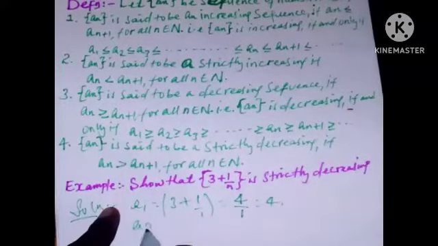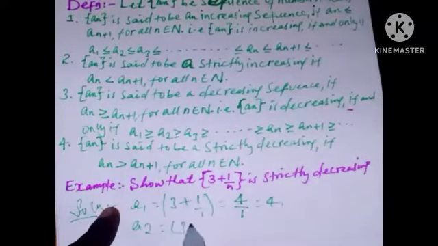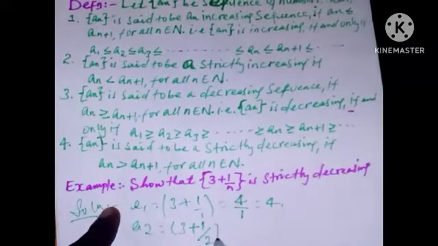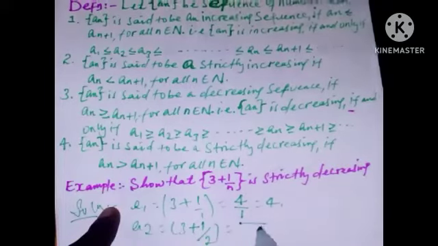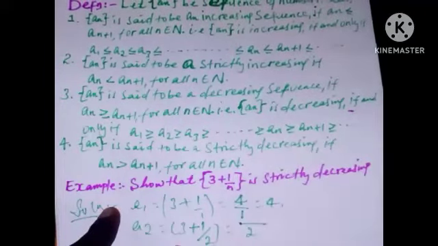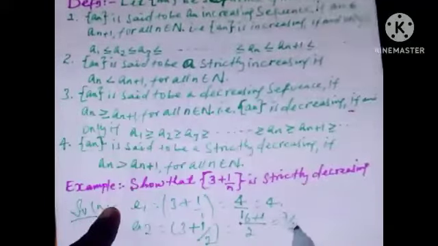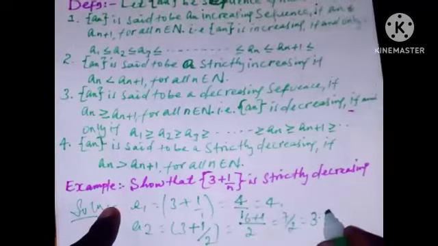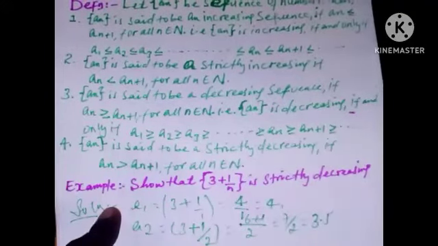Okay, a_2 is 3 plus 1 over 2. The LCM is 2. 2 divided by 1 is 2, 2 times 3 is 6, plus 1 gives you 7 divided by 2, which is 3.5.